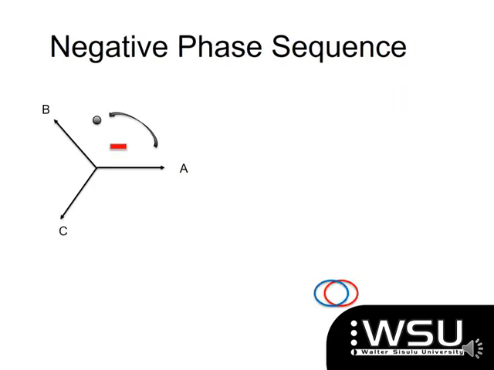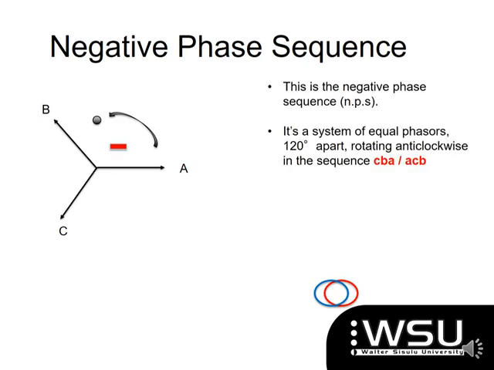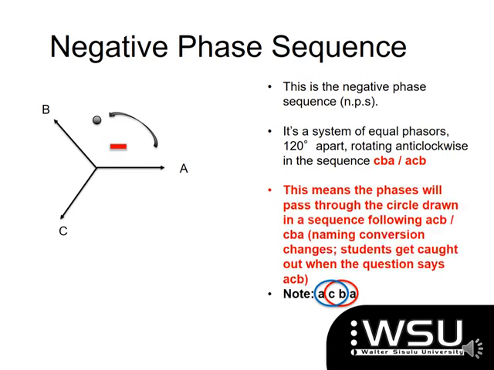Then we look at our negative phase sequence, where we pass through that dot at ACB. This is also a system of equal phases, still 120 degrees apart. It's just the way that they pass through that dot that is different.